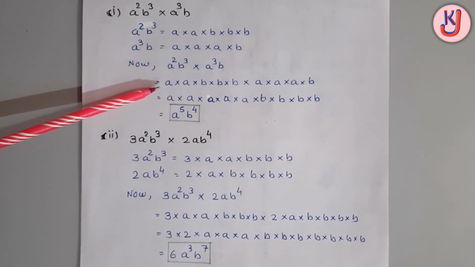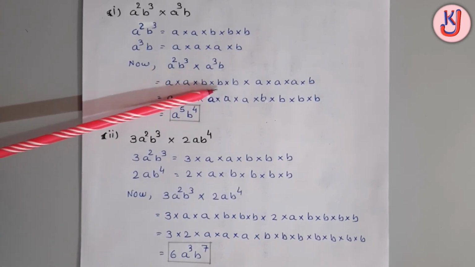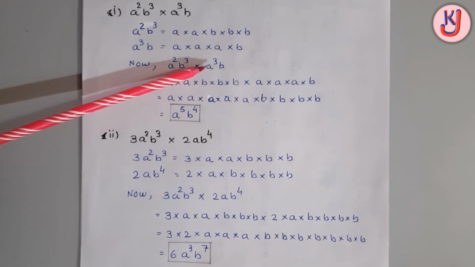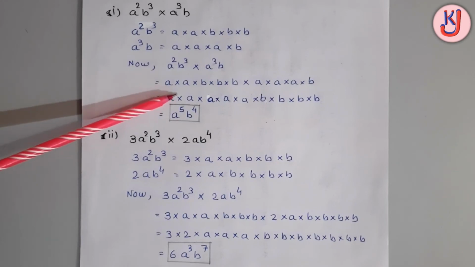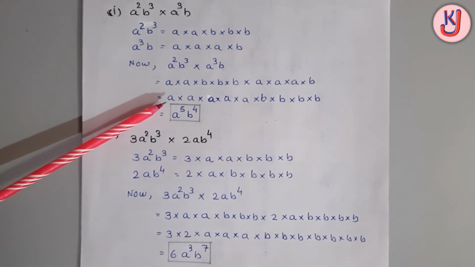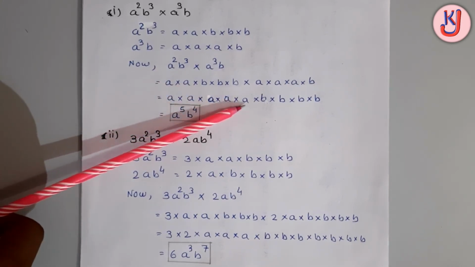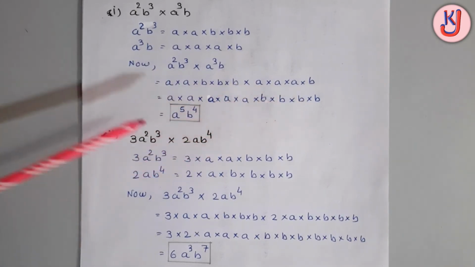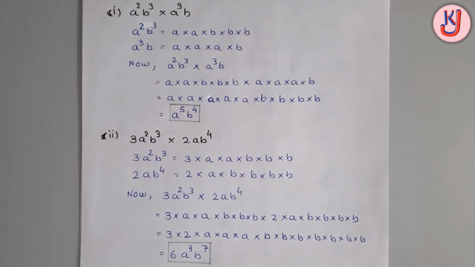Now we write all this together like this: a into a into b into b into b for a square b cube, and for a cube b, a into a into a into b. Now put all the literal a together, a into a into a into a into a, and b into b into b into b, so that a raised to 5 into b raised to 4.